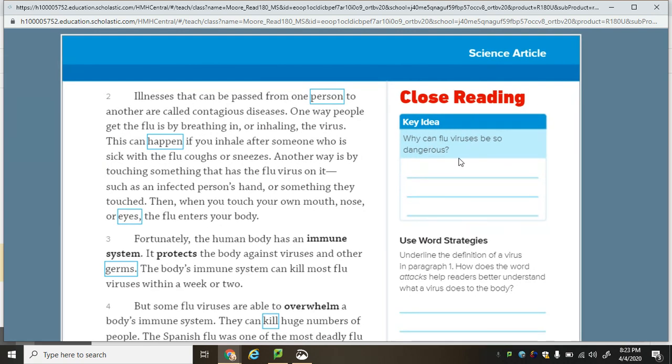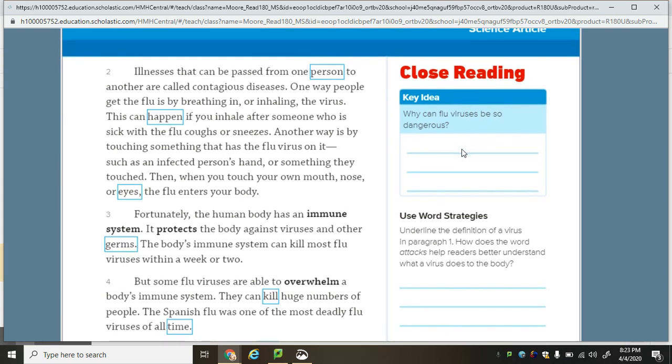Okay. Anyways, key ideas. This is the main idea. Why can flu viruses be so dangerous? So when I'm answering this question, I'm always going to go back to the text and back it up with some information, with some evidence, right? So illnesses can be passed from one person to another, and these are called contagious diseases.